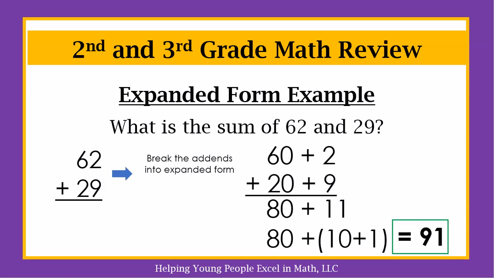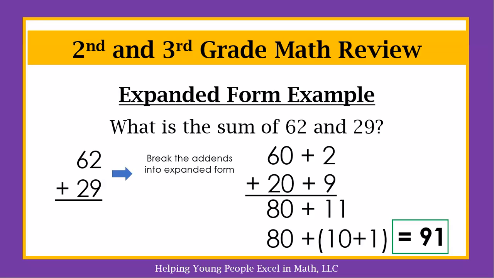Now I'm going to add my ones place together. 2 plus 9 is equal to 11. And then the tens place. 60 plus 20 is equal to 80. Now before I add these two numbers together, I notice that 11 can be broken up because it has a 10 in it.